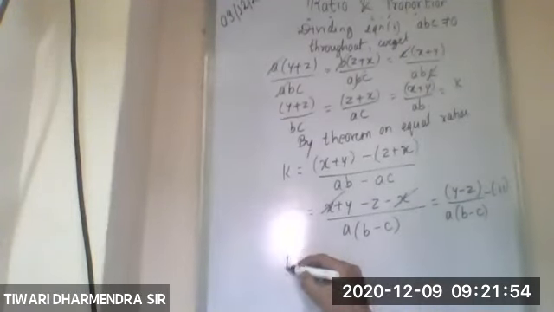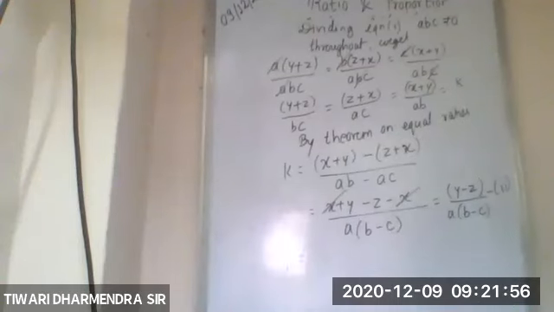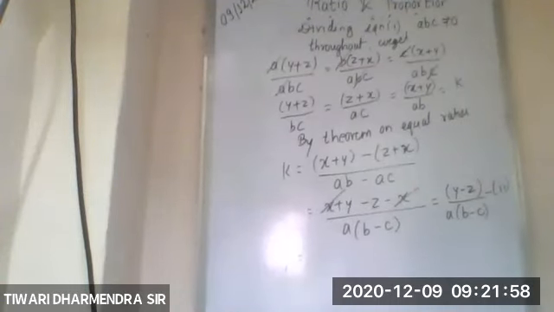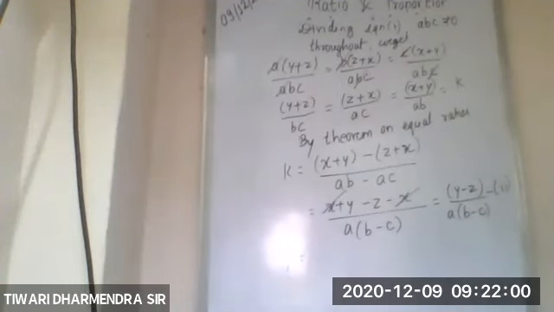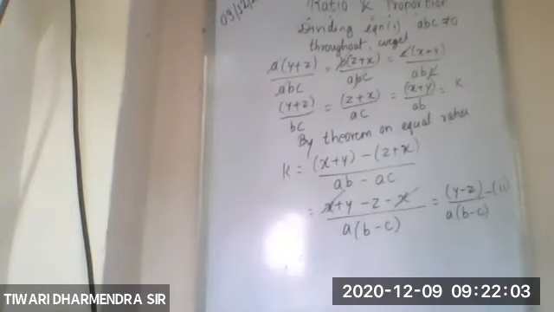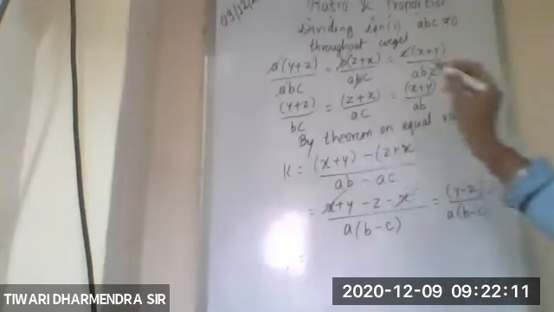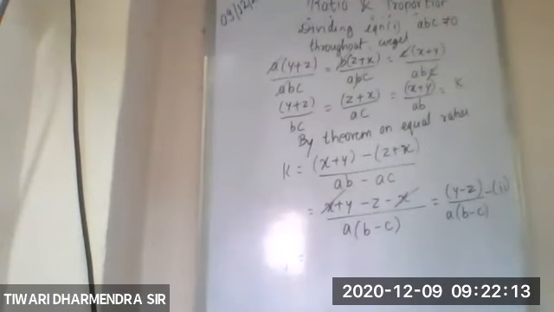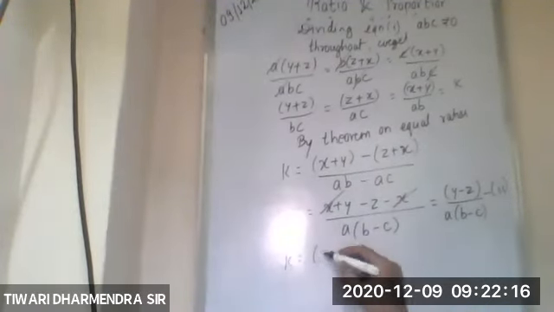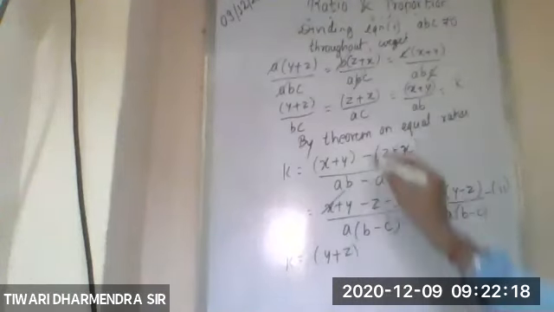Next part, k is equal to. Next requirement is z minus x. When do we get z minus x? If we have y in common. So we can use this too: y plus z. This is also by theorem on equal ratios.